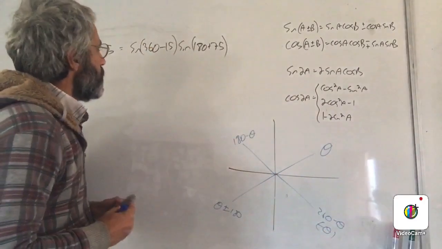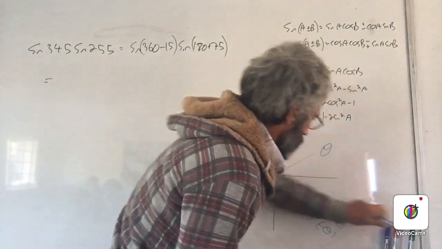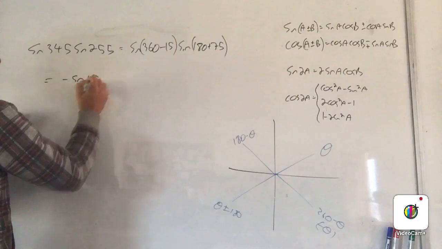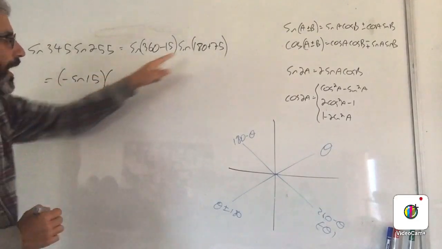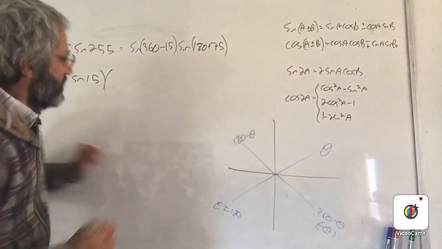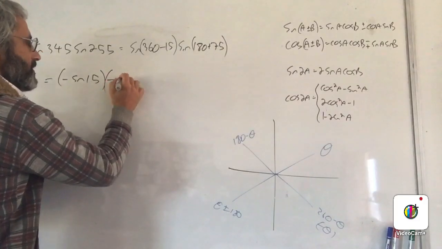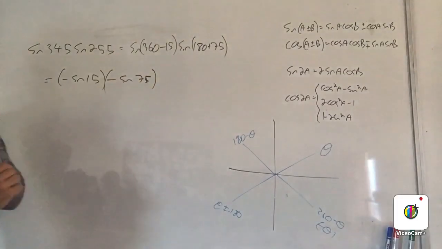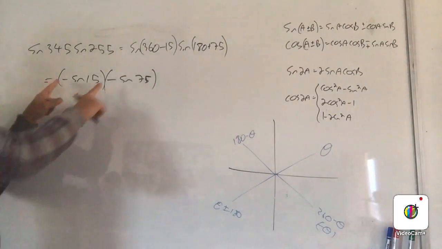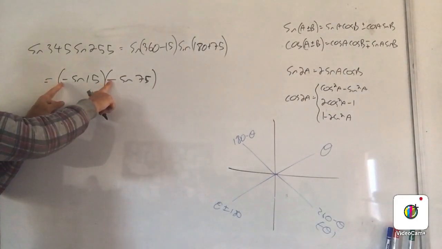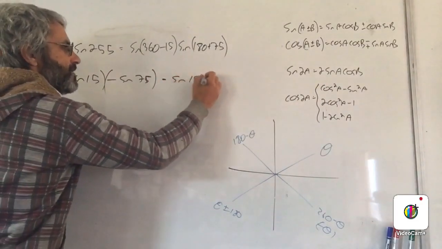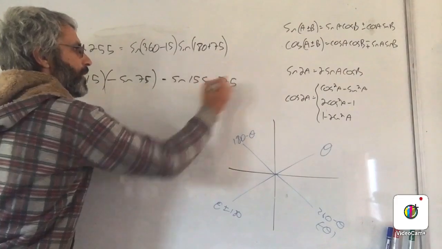So this is in the fourth quadrant, so that's going to be minus sine 15. And 180 plus, it's still minus, is going to be minus sine 75. So minus times minus, I'm going to get sine 15 times sine 75. Are we alright with that?